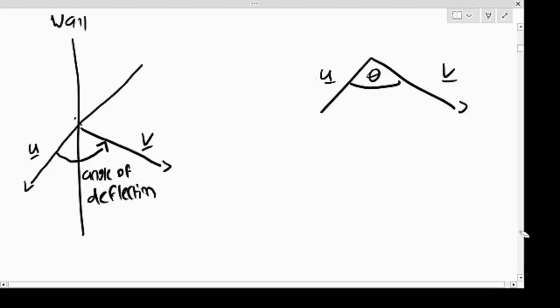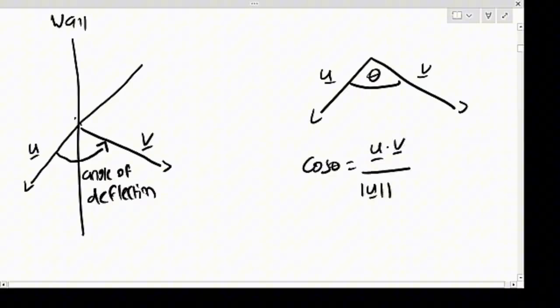What we've got here is two vectors and an angle in between. We need to work out the angle between vectors u and v, and we know how to do that from core pure. We know that the angle between two vectors is: cos theta is u dot v over the magnitude of u times the magnitude of v.